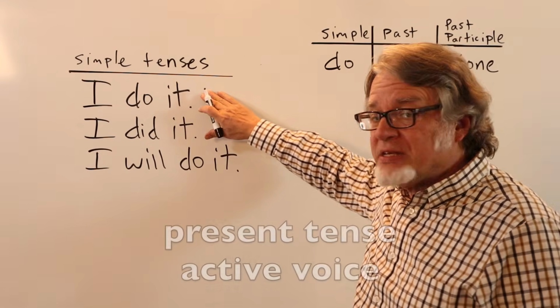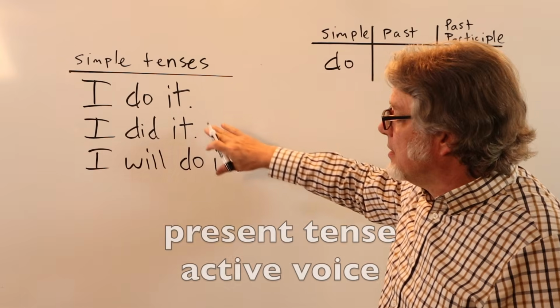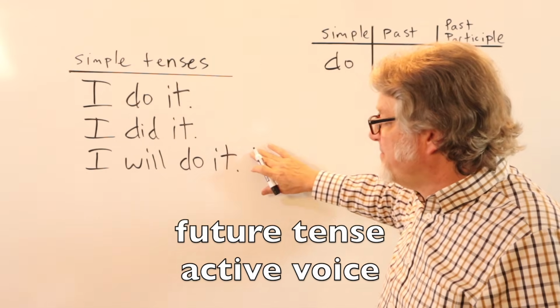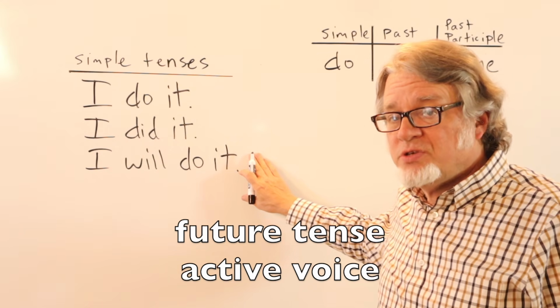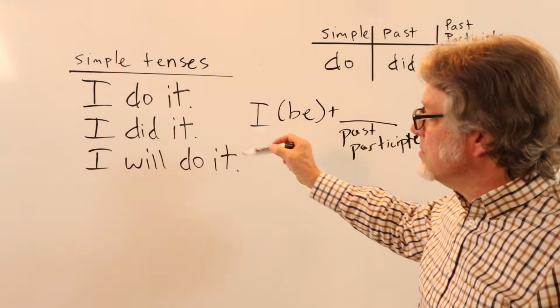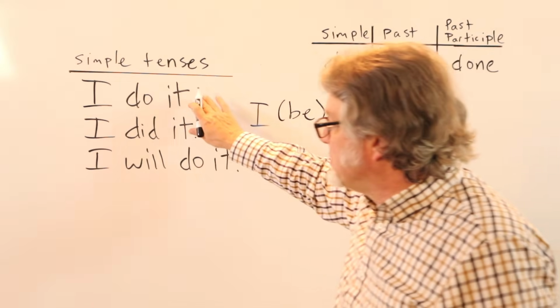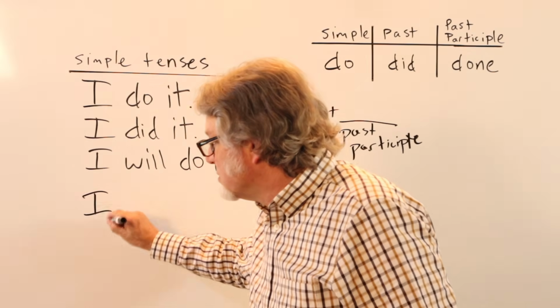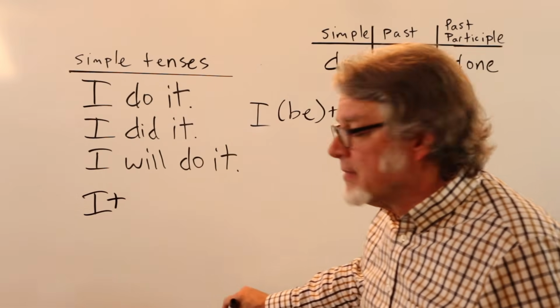Here's the present tense, I do it, the past tense, I did it, and the future tense, I will do it. I do it. To put it into the passive voice, we'll take this object and make it the new subject, it.